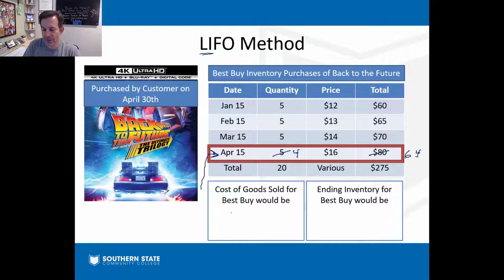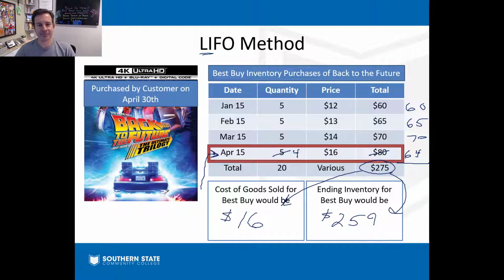And our cost of goods sold for that one would be 16. Our ending inventory, what's left over from the other groups, 60, 65, 70. We can add those together. We get 259. Total inventory split between what was sold and what's left over.